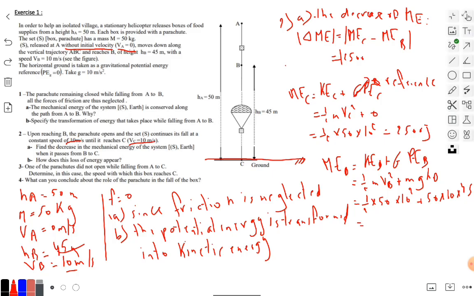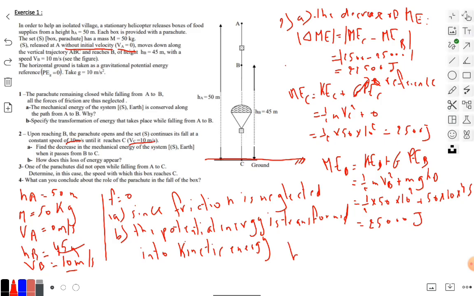We obtain mechanical energy at B equal 25,000 joules. 25,000 joules minus 2500 joules, we obtain the decrease is 22,500 joules. This is part A.